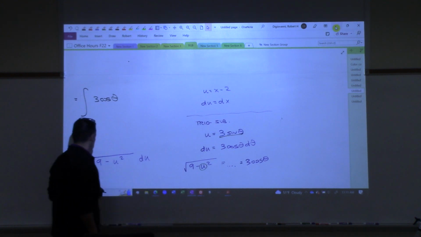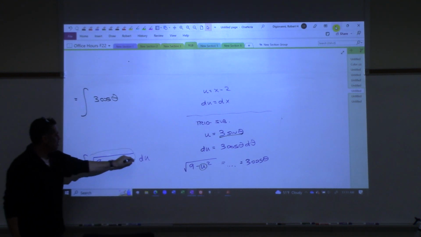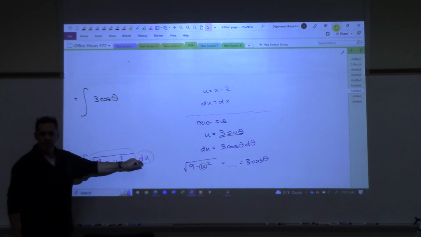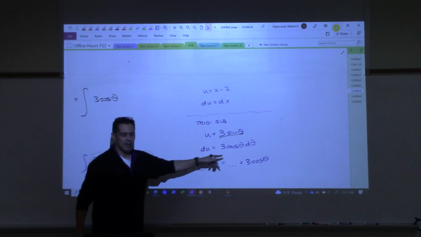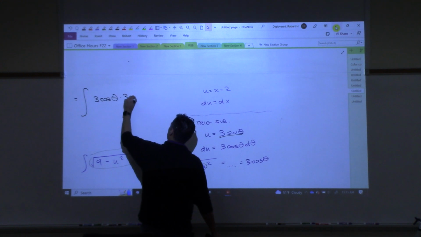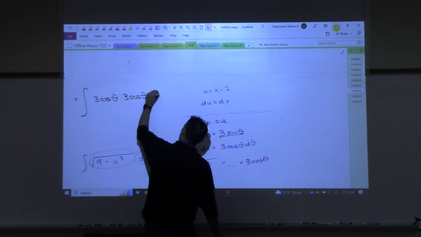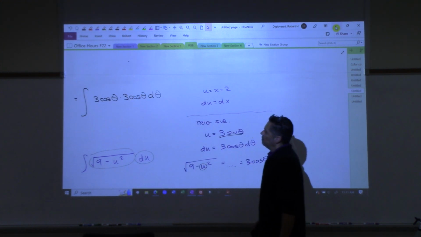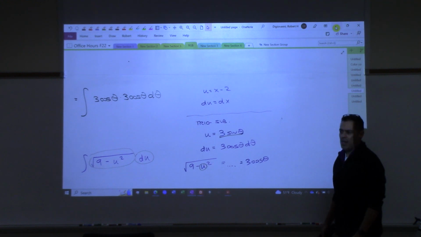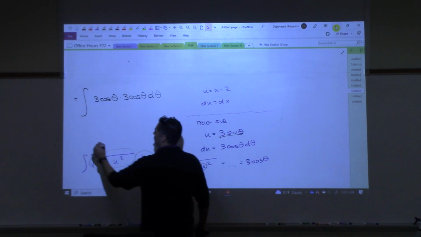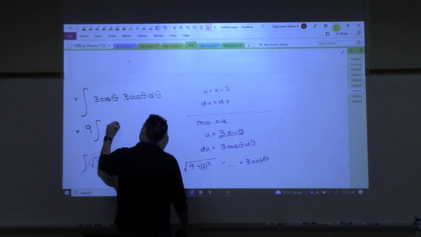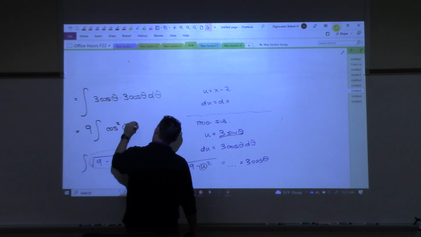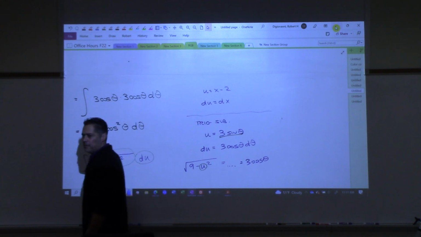Am I done? You have to replace du. Yeah, that's just this, right? We got to replace du, but du is 3 cosine theta d theta. So times 3 cosine theta d theta. Those two 3's can come out as a 9 in front. And cosine squared theta d theta is where we are.